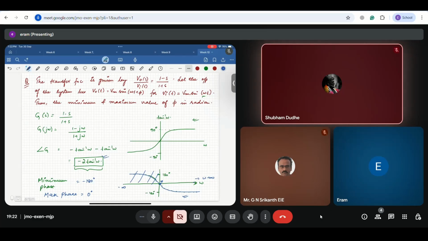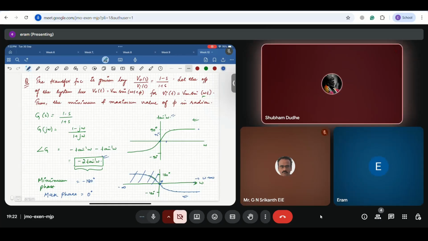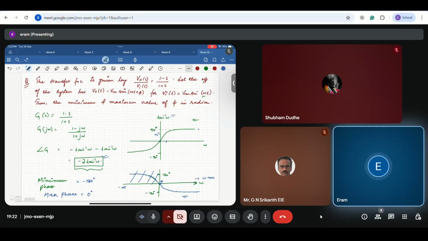You remember the graph of tan inverse. At 0 we have 0, at 45 degrees we have 1, at 90 degrees we have infinity. For minus tan inverse it will be mirror imaged, and for 2 of tan inverse it will be double of that. That's how we have drawn it.